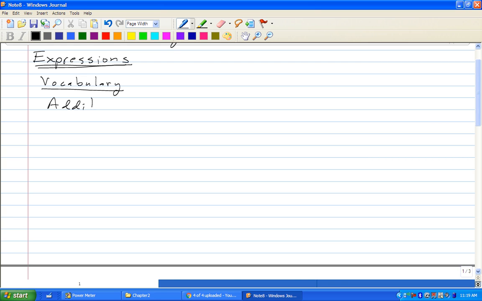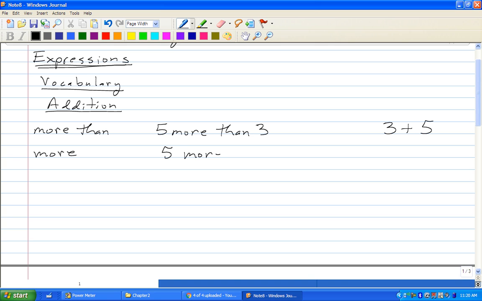If you see the words more than, such as 5 more than 3, you could say this is 5 more than 3. 5 more x would be 5 more x. The sum of x and 3 is just x plus 3.